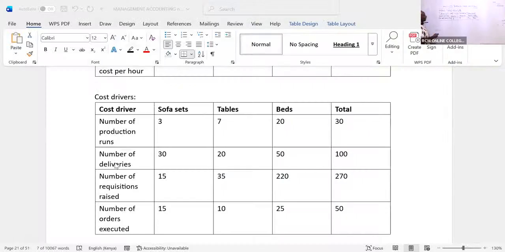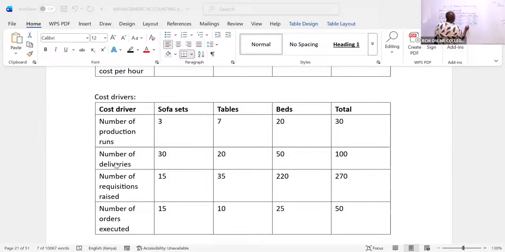Now I can go to the others without much thought, now that you have the structure. The second one is number of deliveries. So deliveries, we have 30, 20, 50, giving us 100. Then we have number of requisitions: 15, 35, 220, giving us 270.